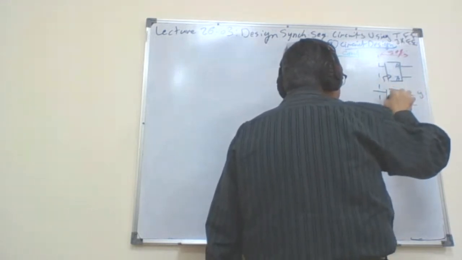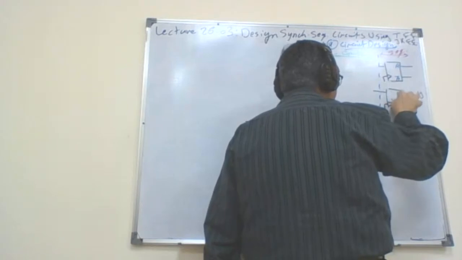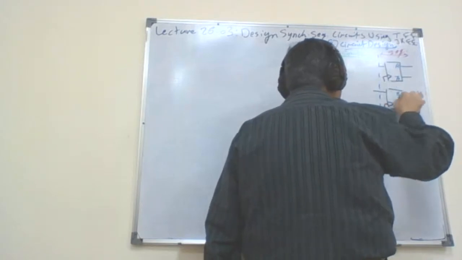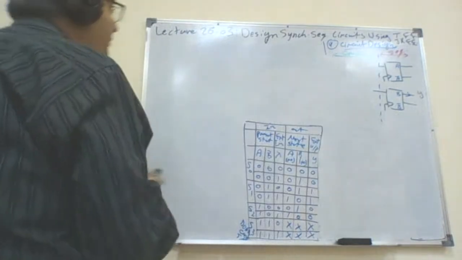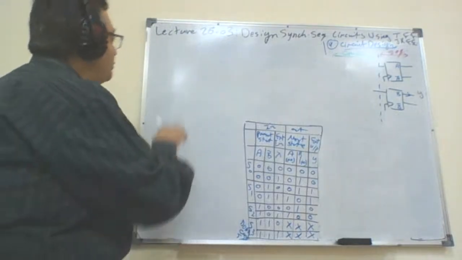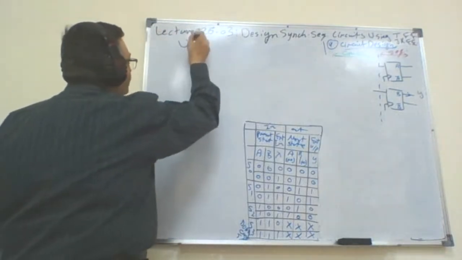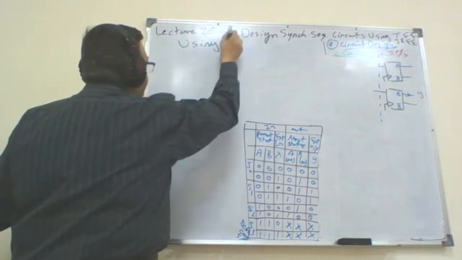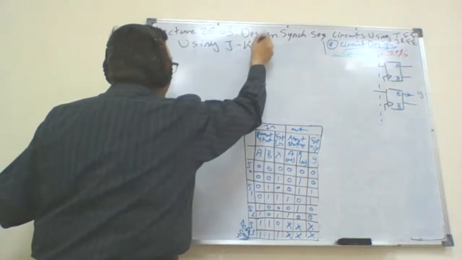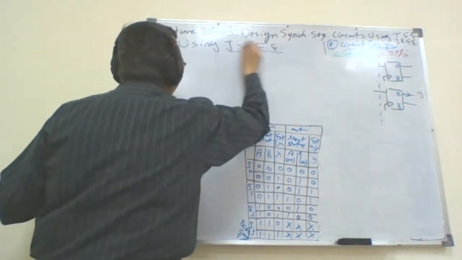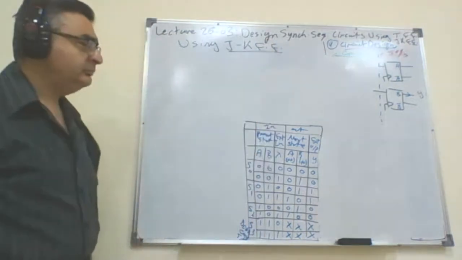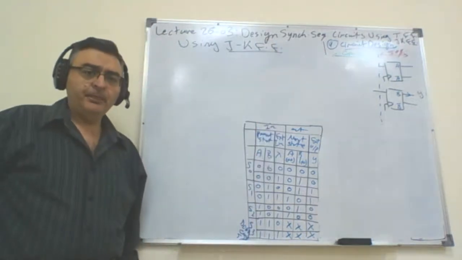And those flip-flops now will be replaced by the new flip-flop. So I'm going back to the beginning of the problem. Right now, I want to solve the problem using JK flip-flops.